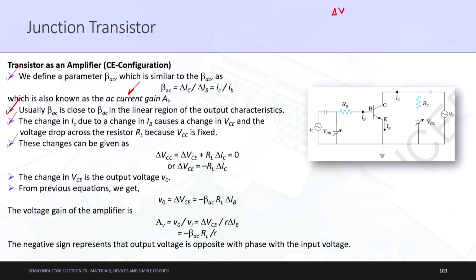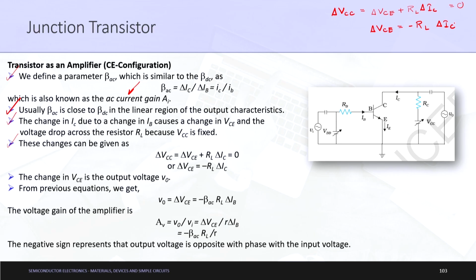Delta VCC is nothing but equal to delta VCE plus RL into delta IC. We know that delta VCC is equal to 0. So, therefore, we can directly write delta VCE, that is change in the common emitter voltage, is nothing but equal to minus RL delta IC.